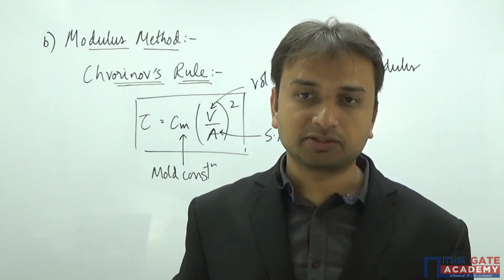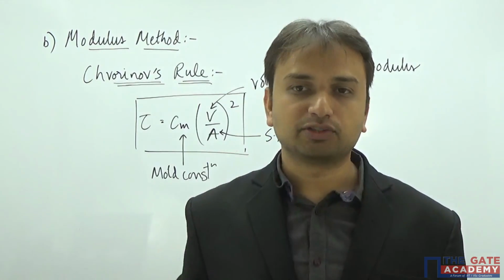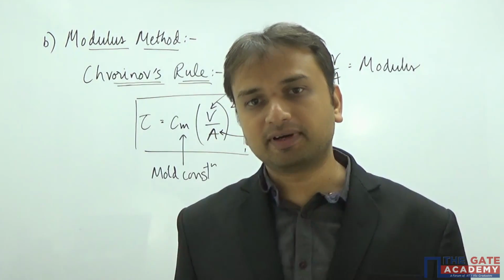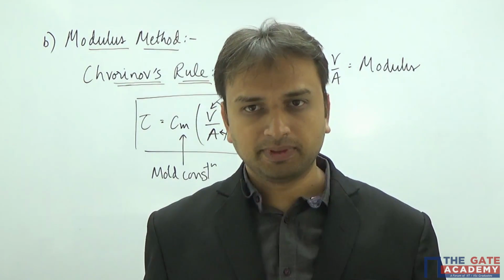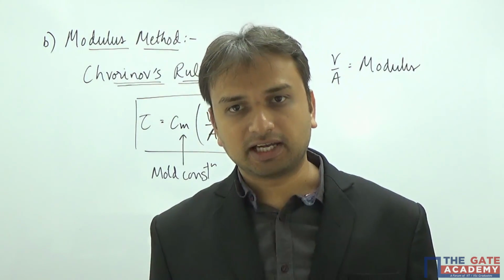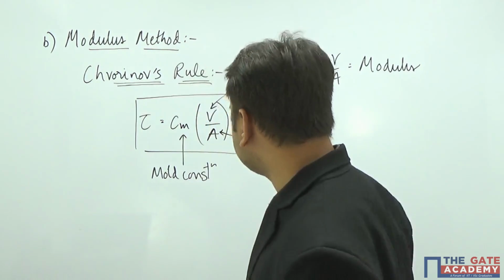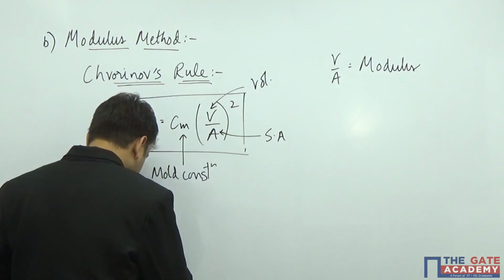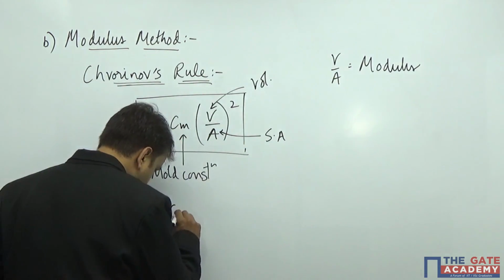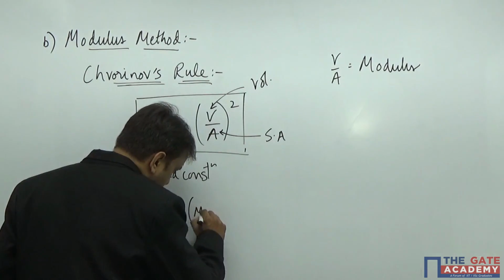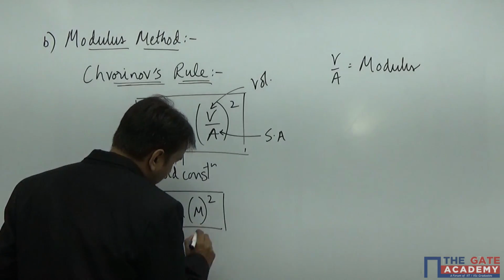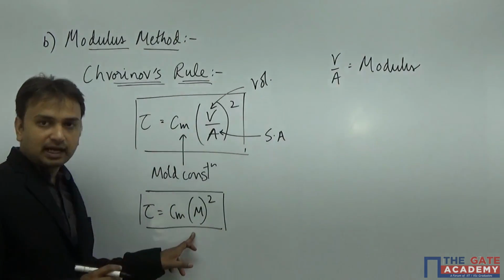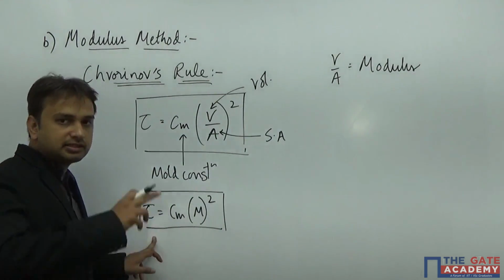It means that it is going to have a higher solidification time. It is going to solidify after a very long time. Getting the point? So the solidification time depends upon the modulus. So you can easily write this as solidification time equals mold constant into modulus squared. And he said if modulus is higher, solidification time is higher.